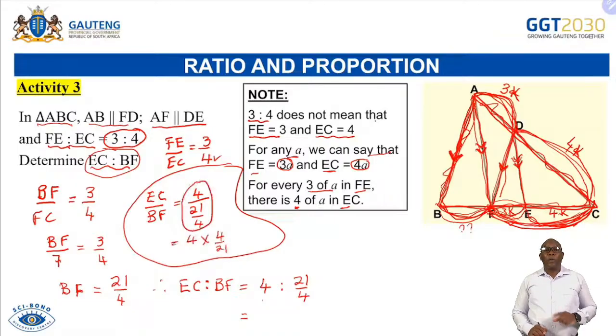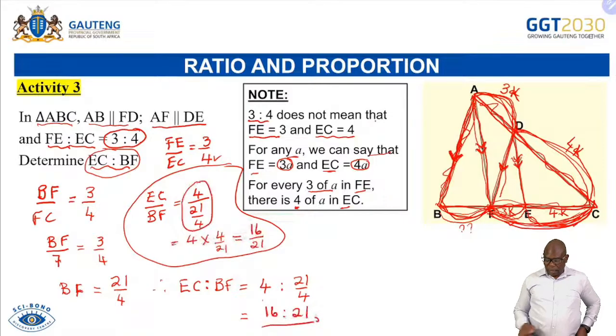Remember, when you divide, you turn the denominator upside down. So therefore, 4 times 4 is 16, and that is over 21. So this ratio can be written as 16 is to 21. I should have multiplied 4 by 4, 4 times 4 is 16, and I don't put the 4 as a denominator for 21. So that will be the ratio for this.